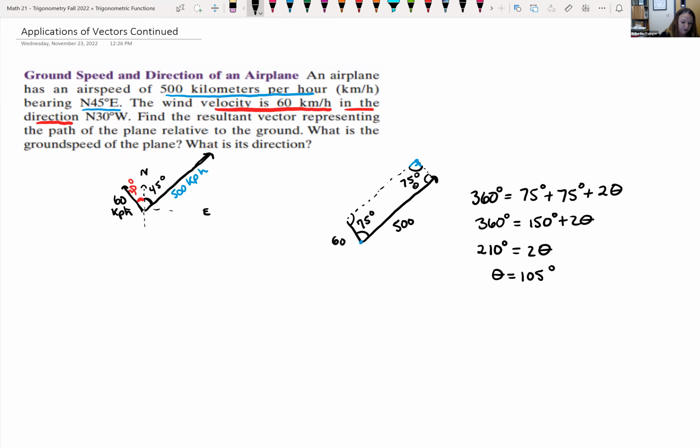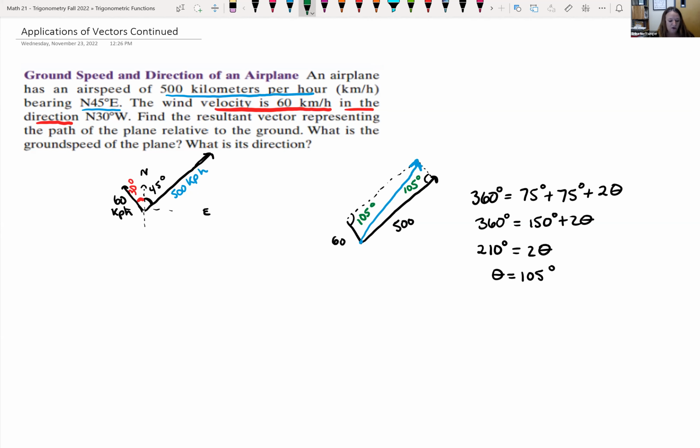So I know what my angle is. Let's draw my picture again over here. Put my resultant back in. So I know over here that this is 105 degrees, or I can use over here, which is 105 degrees.